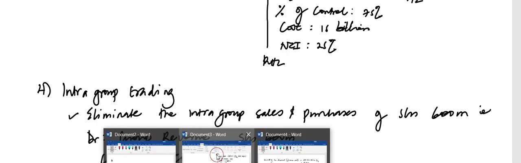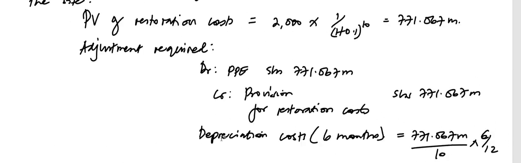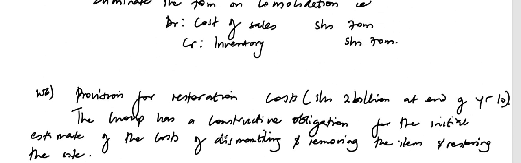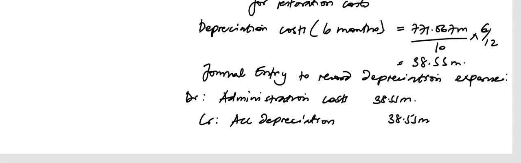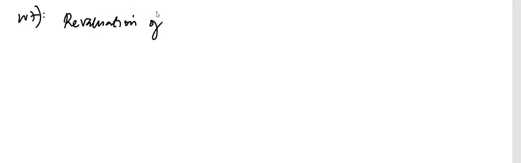According to my workings, this should be working 6. Then I'm moving to working 7. So working 7, this is revaluation of intangible assets.